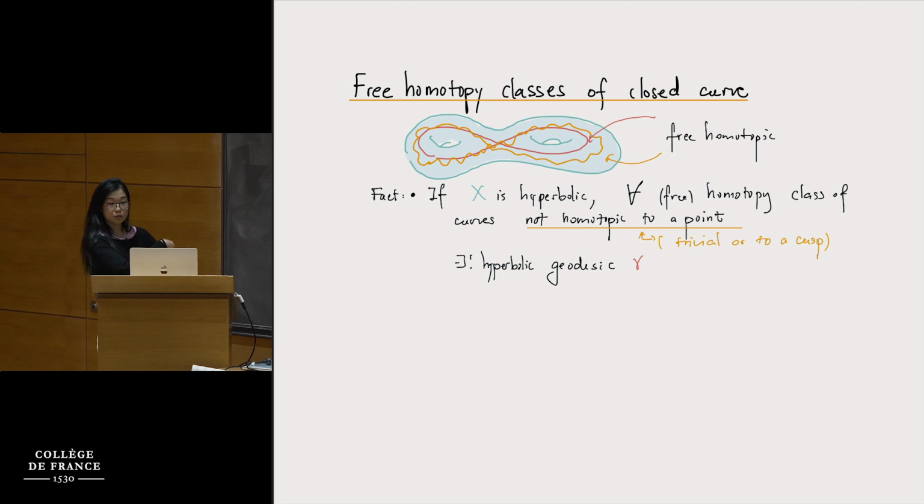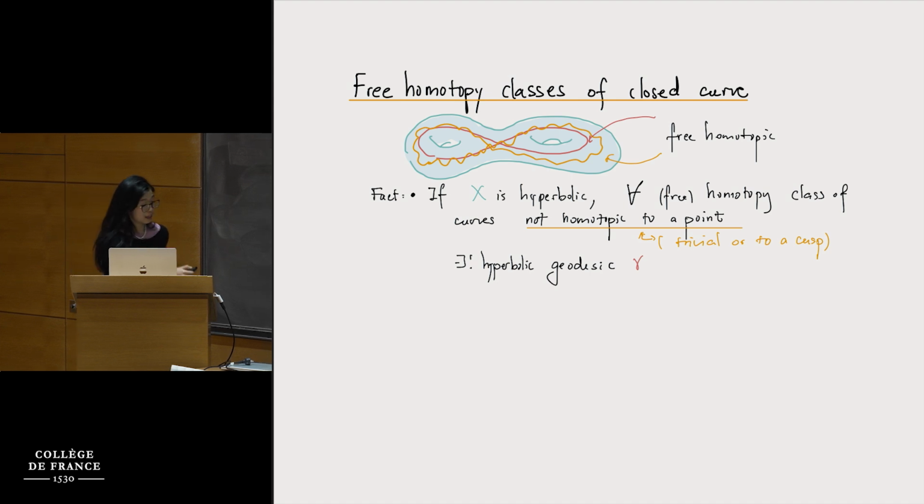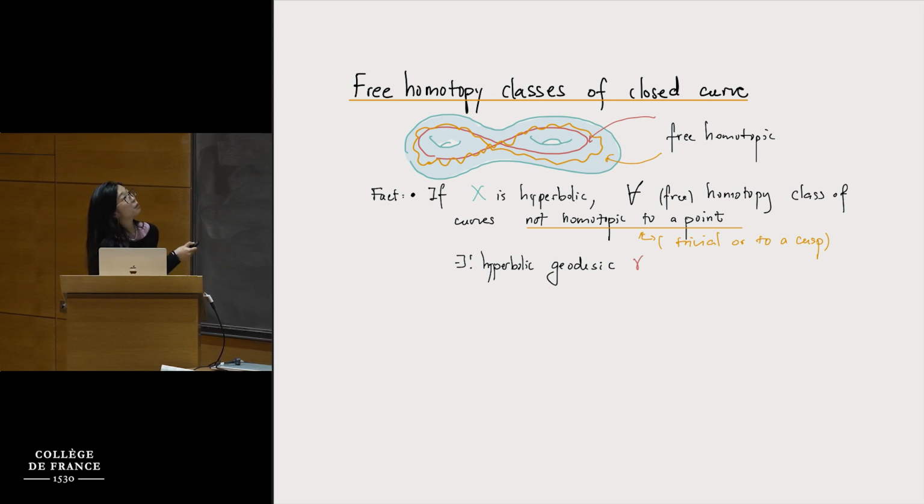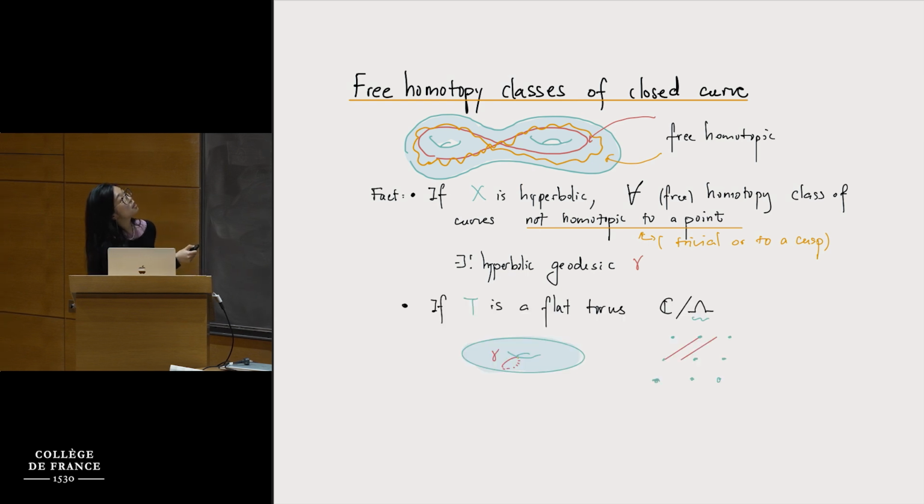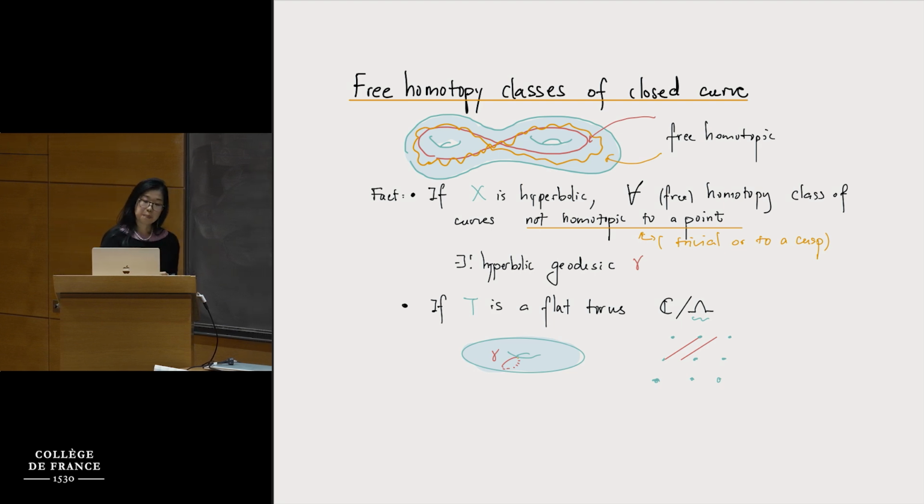You can imagine you start with an arbitrary curve and you pull it tight, and there's only one limit possible. This is the shortest curve, the hyperbolic geodesic in the class. This is not true if your homotopy class is trivial or it can contract to a cusp. If it's not trivial or contracting to a cusp, then we call this free homotopy class essential. So apart from these 2 cases, there exists a hyperbolic geodesic.